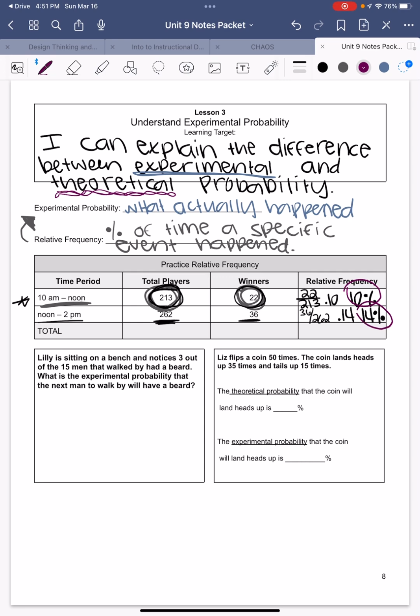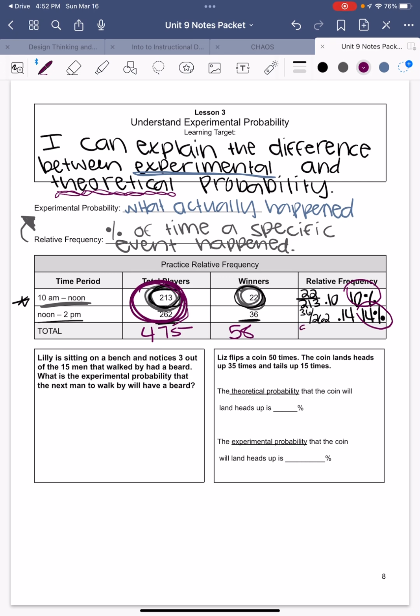But over the whole day, if I add all of these guys together, 213 played in the morning and 262 played in the afternoon. So 475 of them played total. 22 won in the morning plus 36 won in the afternoon. So 58 of them won total all day.